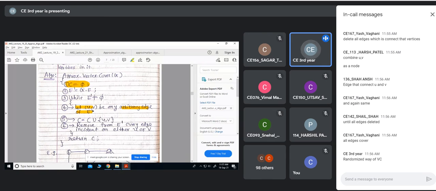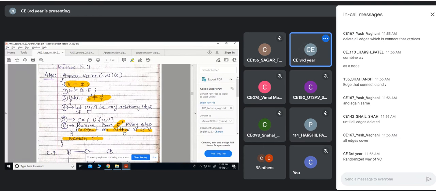You take the edge, put both the endpoints u and v of the edge in C, and then, as we discussed, remove from E dash every edge incident on either u or v. Repeat this process until E dash is an empty set. When it becomes empty, come out and return C.